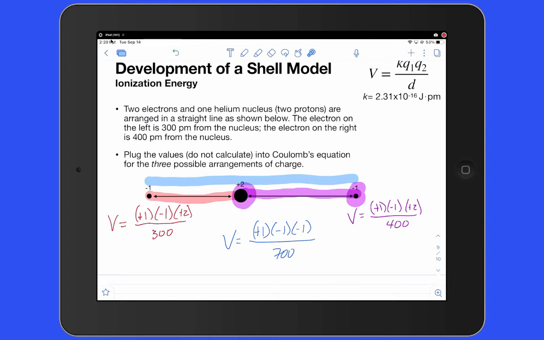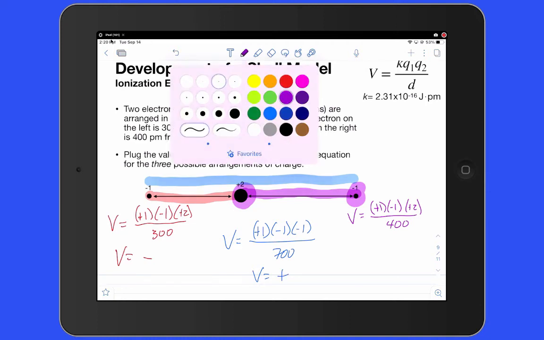We could, but we don't need to. V here is going to equal a negative value, right? V here is going to equal a positive value, and V here is going to equal a negative value.